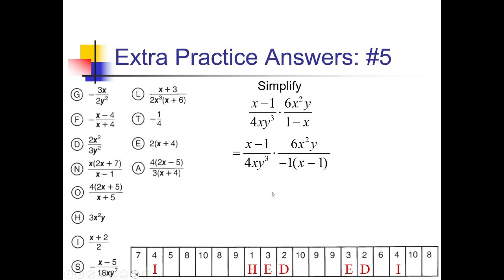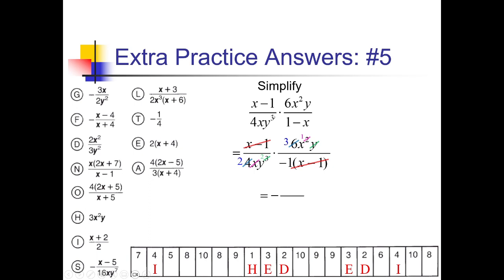All right, let's cancel what we can. The x minus 1s definitely will now cancel. And I can reduce as well. 6 and 4 reduces to a 3 over 2. X squared over x, that reduces to x to the first power up in the numerator. And y and y cubed, that reduces to y squared down in the denominator. All right, what's left? Overall, we have this -1 here, so that makes the whole fraction negative, first off.